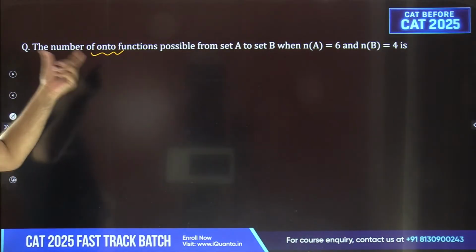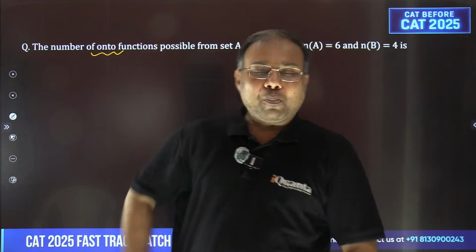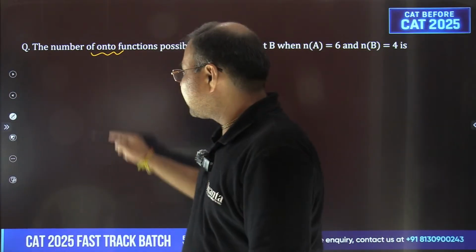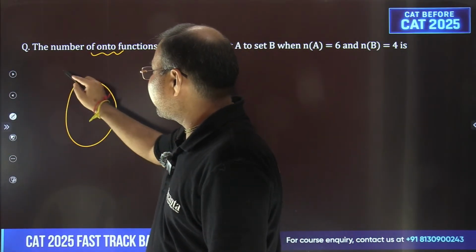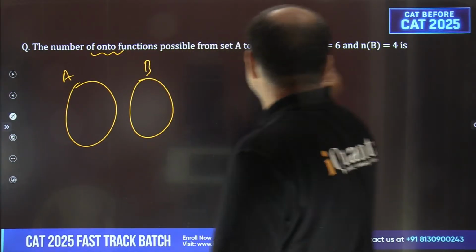What is the meaning of this onto function? So when we say onto function, basic function conditions are already there, right? Remember we made set A, set B, and we were mapping them. Let's make use of this same data only.